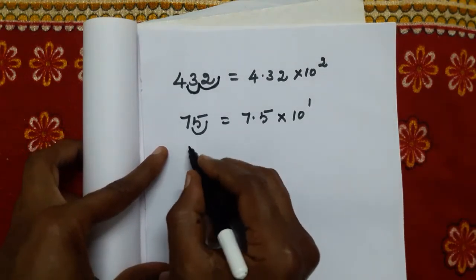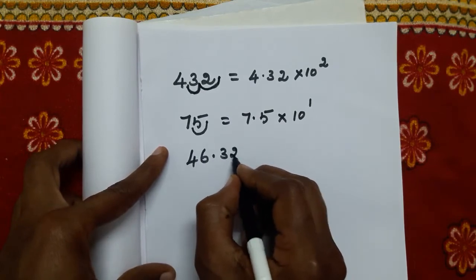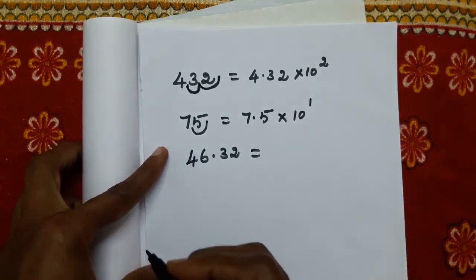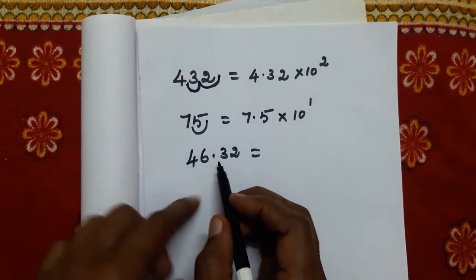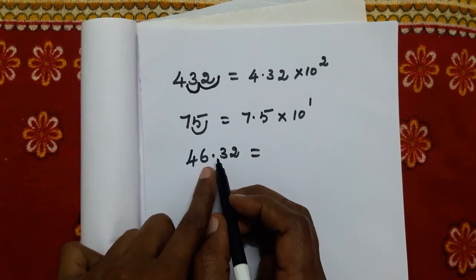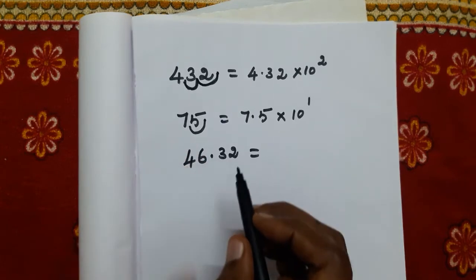Next, another example: 46.32. Now you see this number. Before the decimal point, how many digits are there? Two digits. In scientific notation, before the decimal point, how many digits should be there?